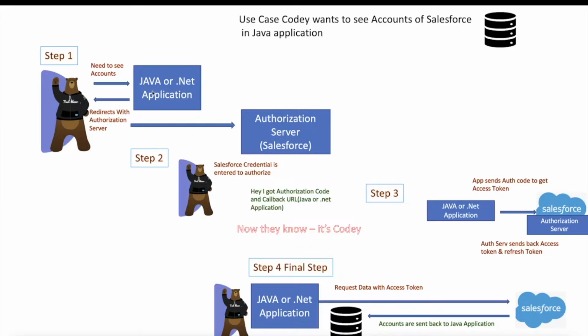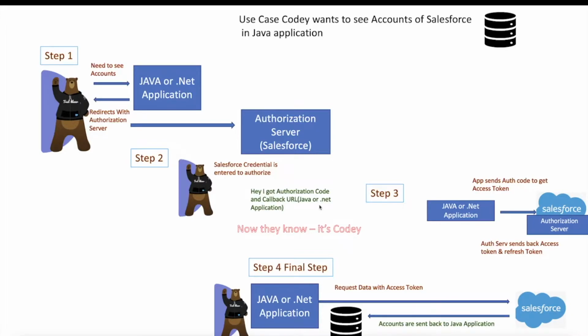Now the Java or .NET application will redirect the user, Cody, to enter his Salesforce username and password on the Salesforce page, which is the authorization server in our example. Once he enters the credentials, and if they are right, then we can say that Cody has been authenticated, and we know it's Cody.